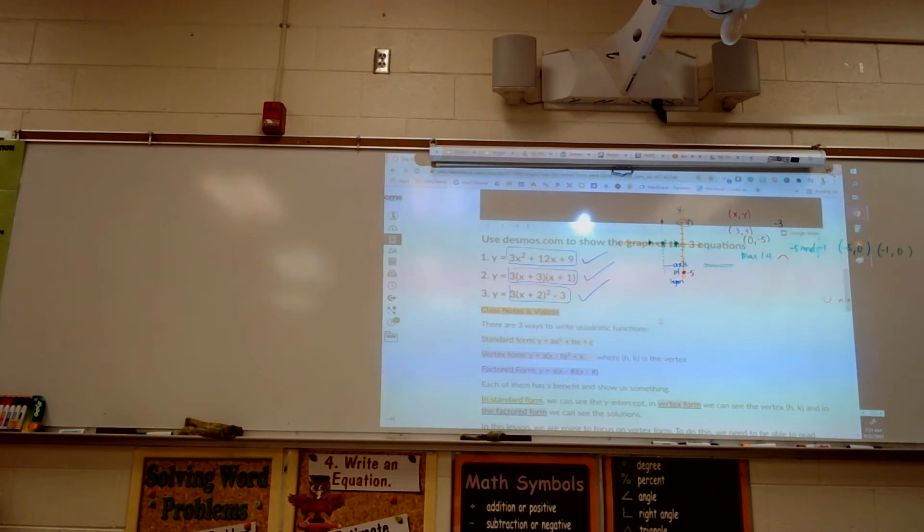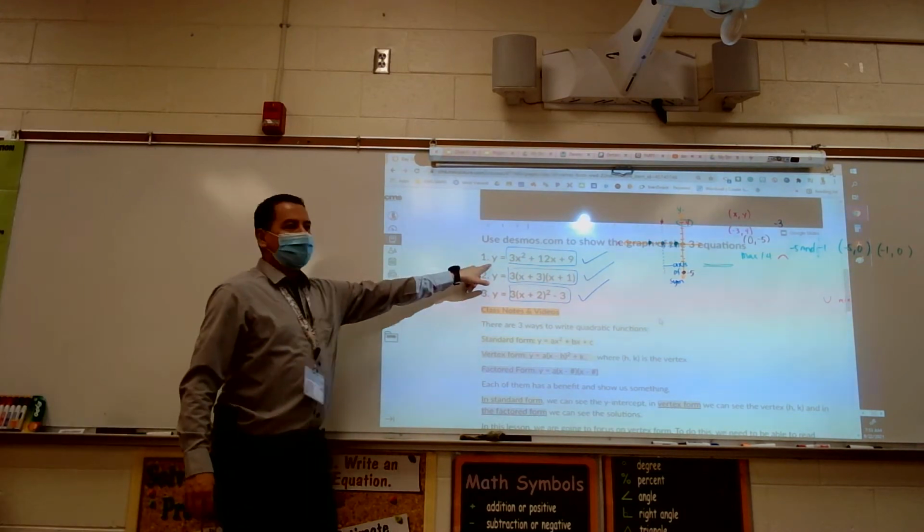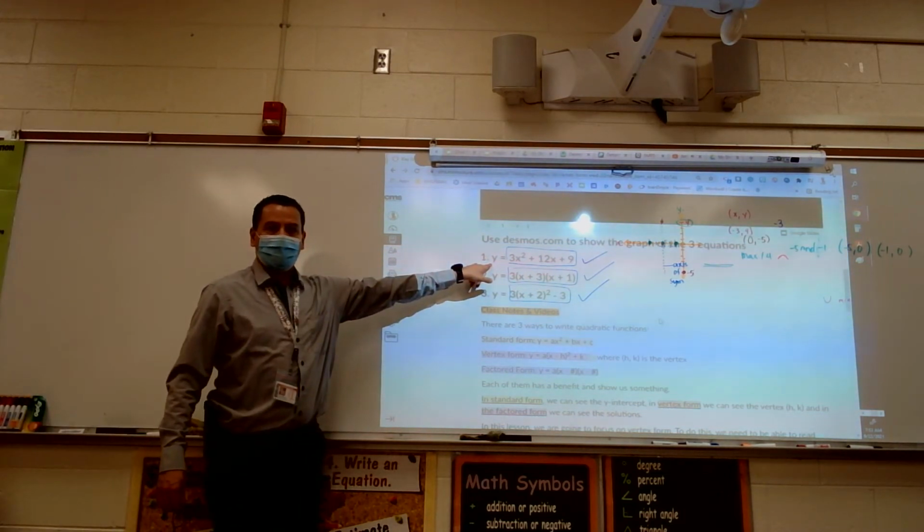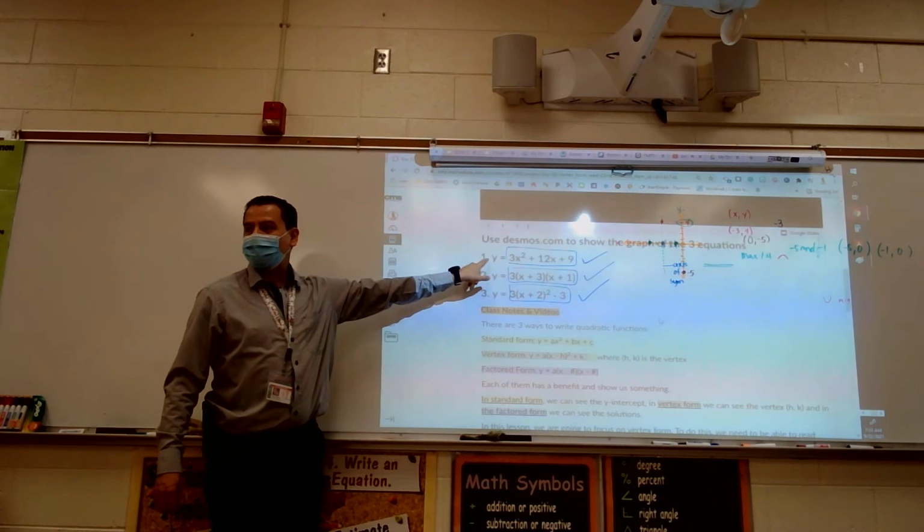That's all. Ok, perfecto. Copia 3x² más 12x más 9. ¿Sí? Muchachos, no olviden colocar la Y, por favor. No olviden colocar la Y para poder tener la ecuación allí.